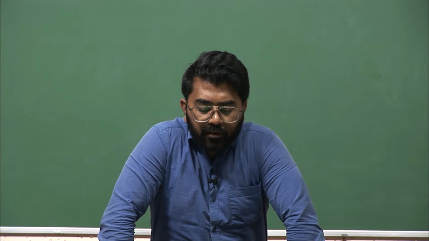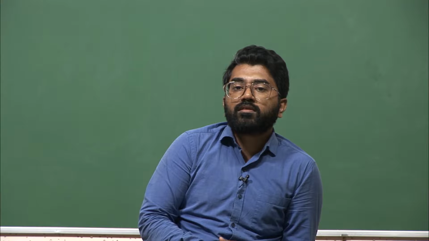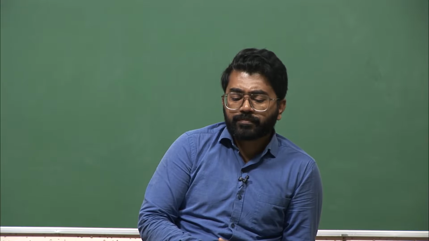Another example is the heart valves. You can see the heart valves are not very easily demarcated by these image segmentation softwares, and in the figure at the very bottom right, you can see some bubbles which are not able to clearly showcase the heart valve, right. So, there are some limitations with these kinds of DICOM images and the imaging modality which we are using.